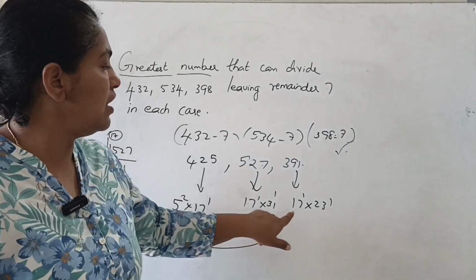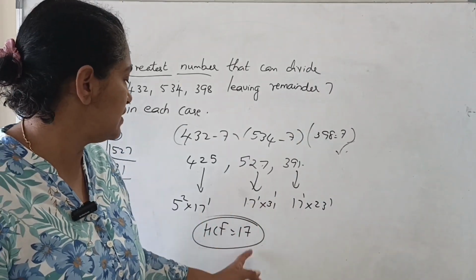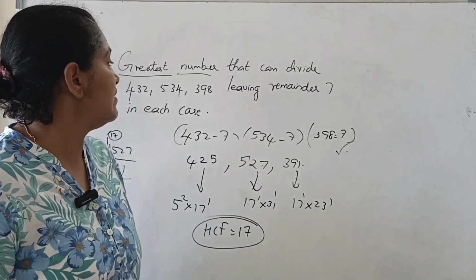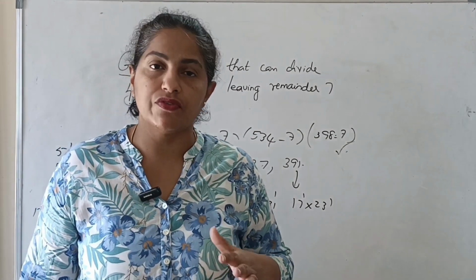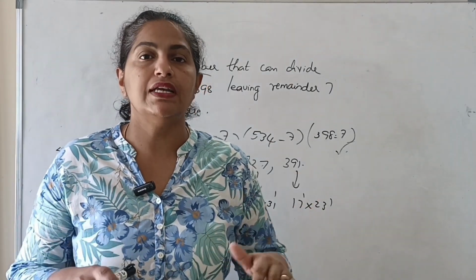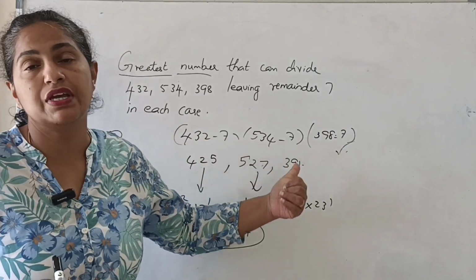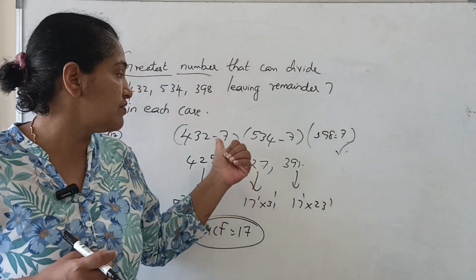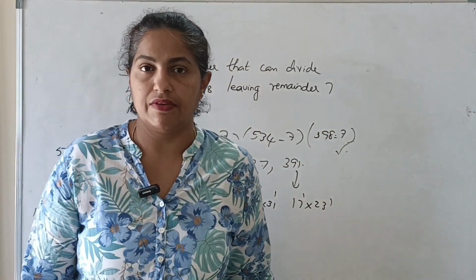This is what we are getting after prime factorization. As you can see, 17 is the only common factor for all the 3 numbers. So 17 is the greatest number that can divide these 3 numbers, leaving a remainder of 7. I hope you are clear with the steps as well as the reason why we have done this particular step of 432 minus 7, 534 minus 7 and 398 minus 7.